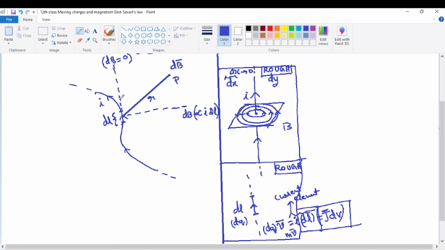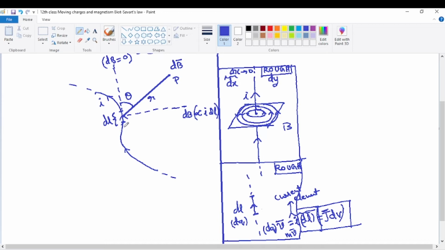Call the angle between the direction of the elemental length and the position vector of the point P, where we are trying to find the field, the position vector of the point P with respect to the center of the element, denoted as R here. The angle between R and dl, or the extension of dl, we call simply theta.